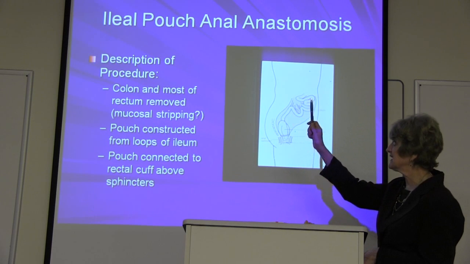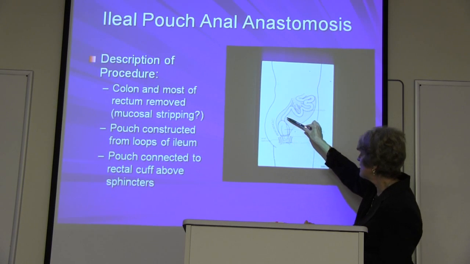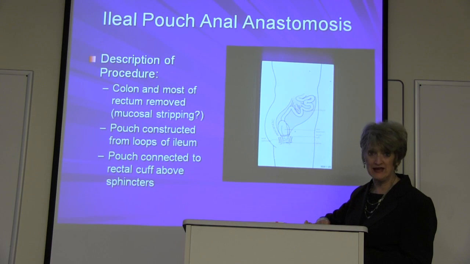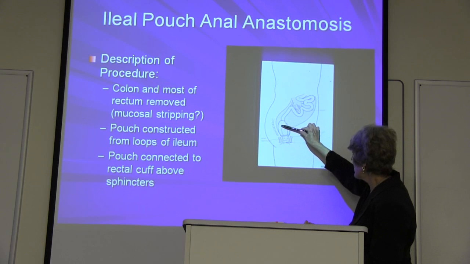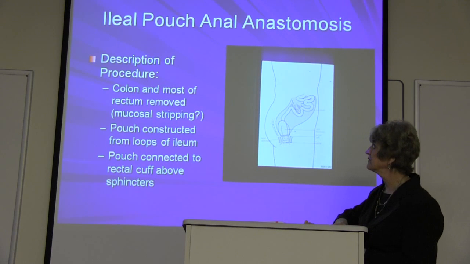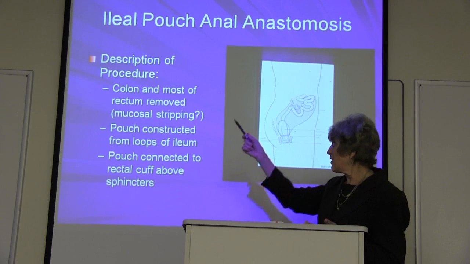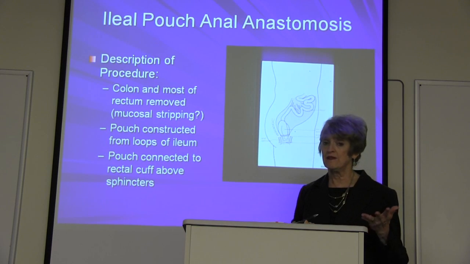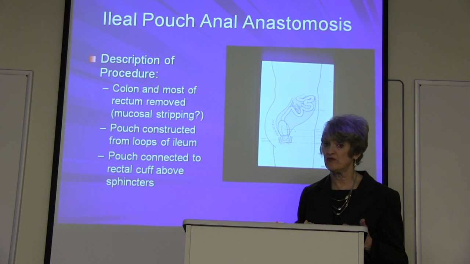So this is known as ileal pouch. You create the pouch out of the ileum. Ileal pouch-anal anastomosis, IPAA. So here's your pouch connected to the anal canal. Looking at what's done, the colon and most of the rectum are removed because these procedures are done for patients who have ulcerative colitis or familial polyposis. Those are mucosal diseases affecting the rectum and the colon.